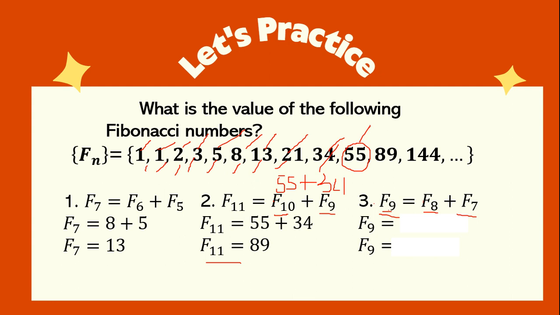F sub 8 is 21. Next is f sub 7, before 21, which is 13. 21 plus 13 is 34. Therefore, that is the ninth generation of the Fibonacci sequence.